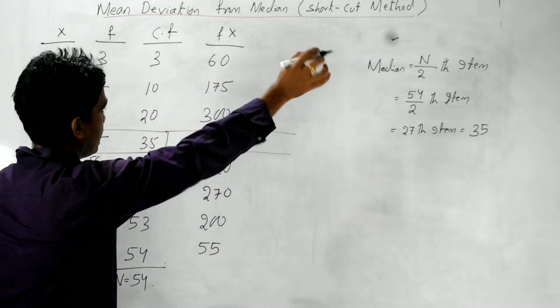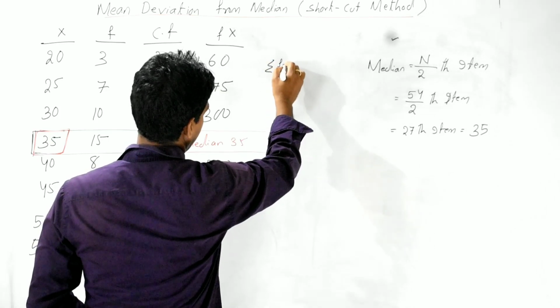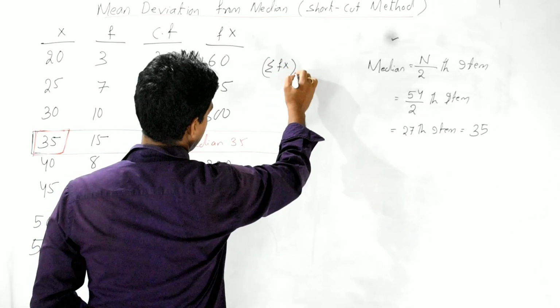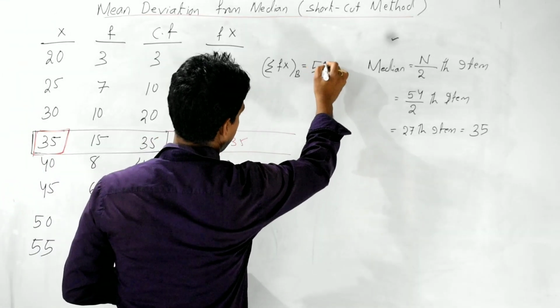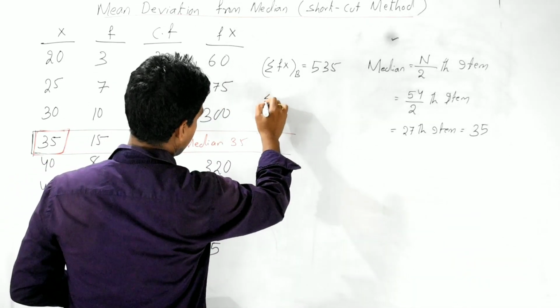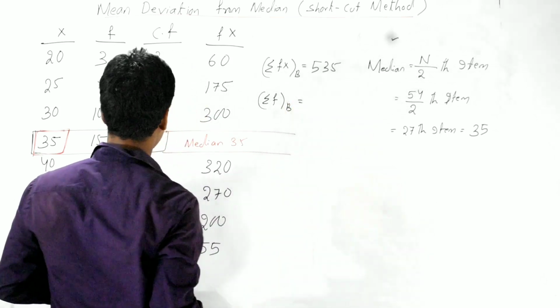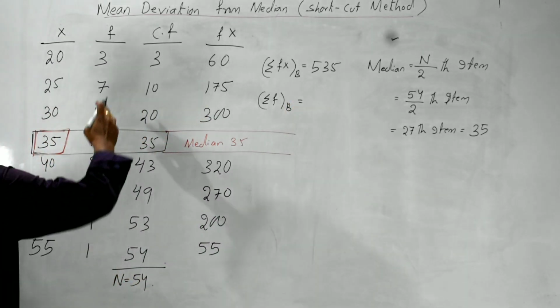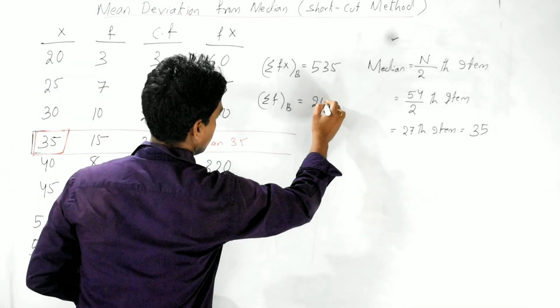Now we have to find out summation fx of b equals 535 and summation f of b equals 3 plus 7, 10, 10 plus 10, 20.